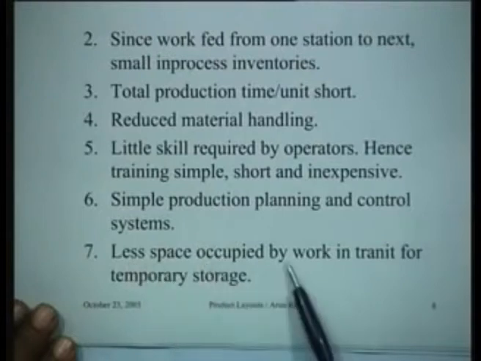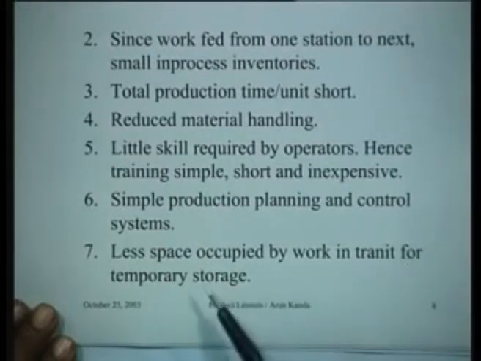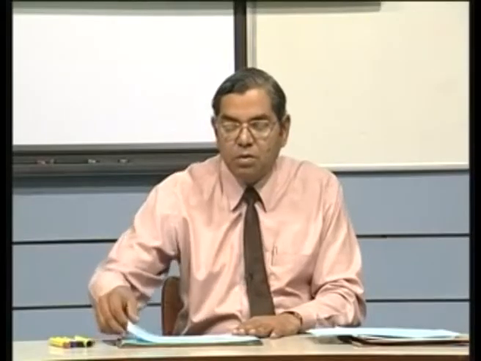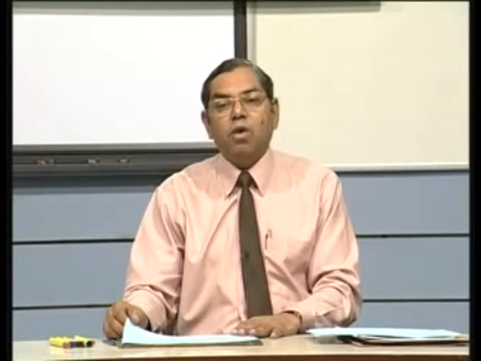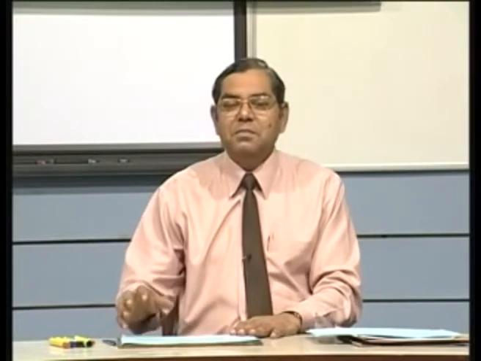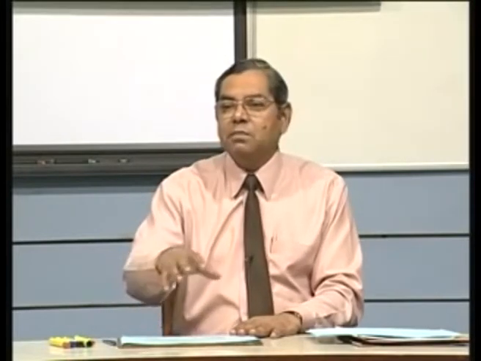Less space is occupied by work in transit for temporary storage. Obviously, because we have lesser transit storage, that kind of space is not really used up here. Whereas if you happen to walk through a process layout, walk through a foundry for instance, what you typically find is castings strewn all over the place, so you probably might not have space to walk through.